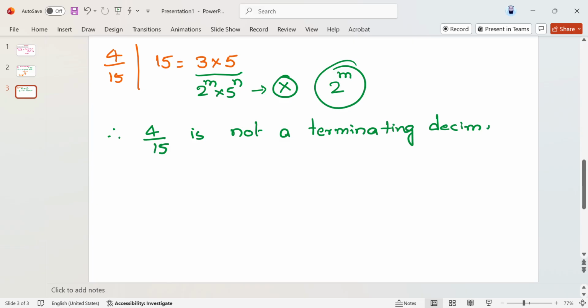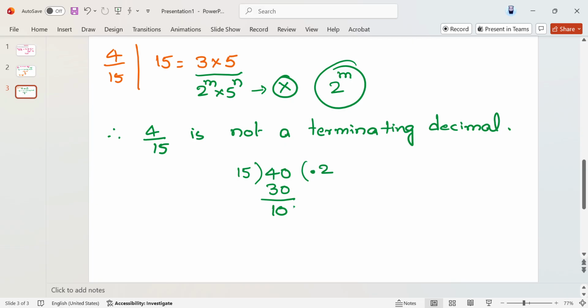If you want me to check, let us check by dividing by 15. The dividend 4 is smaller than 15, so take a decimal and borrow a 0. 15 twos are 30. So 10 is the remainder.